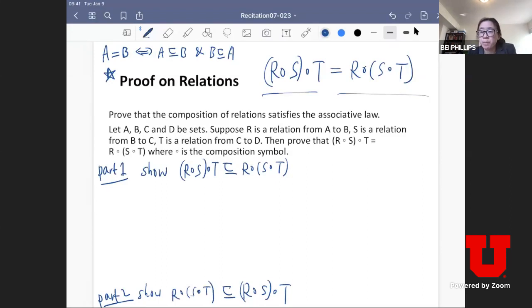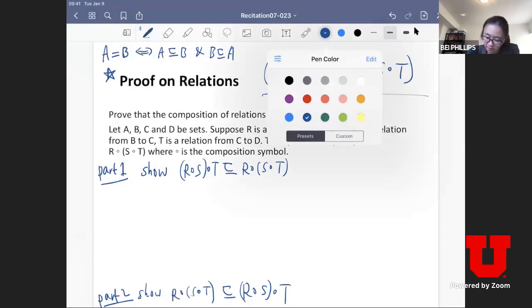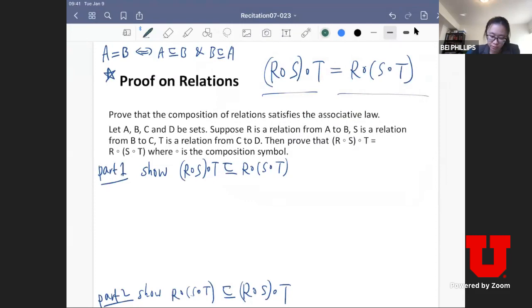Now I'm going to go over part one. Do I have any volunteer? I think this is a little bit of a tricky problem, but let's do this.